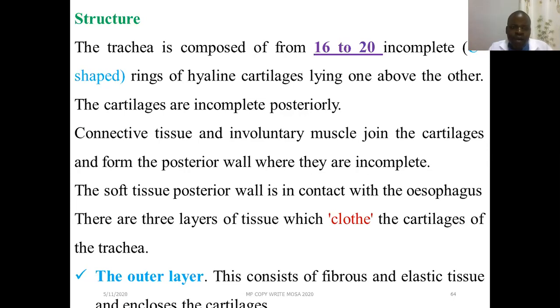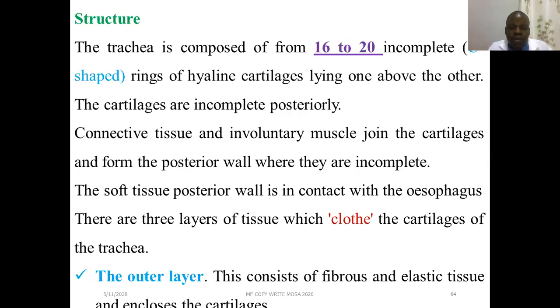The cartilages are not complete, they are incomplete posteriorly. Connective tissue and involuntary muscles join the cartilages and form the posterior wall where they are incomplete. The soft tissue posterior wall is in contact with the esophagus.